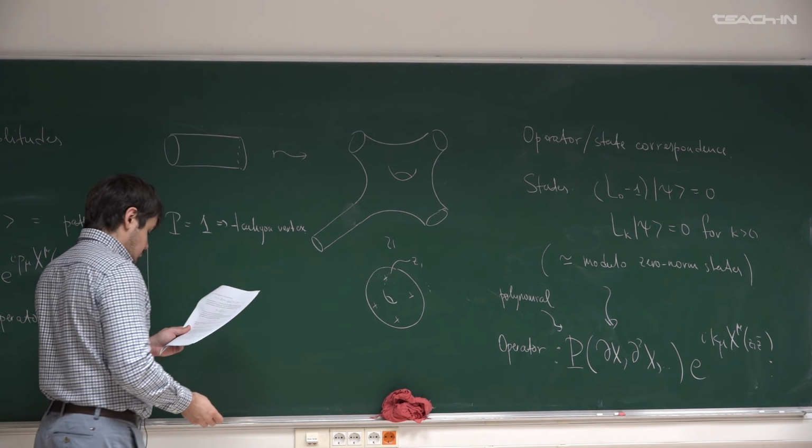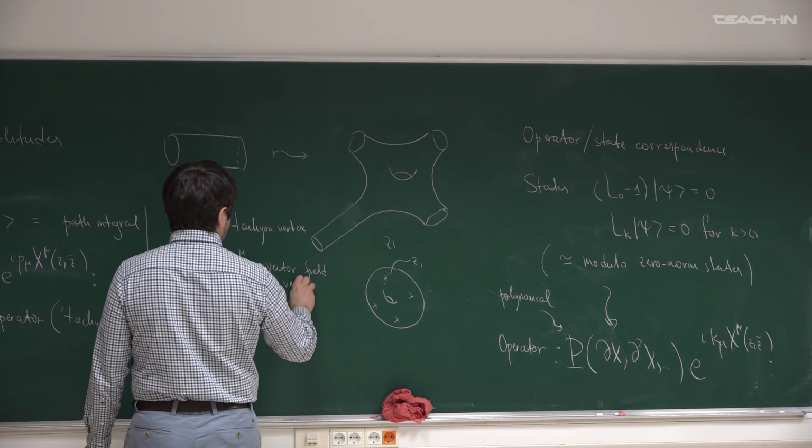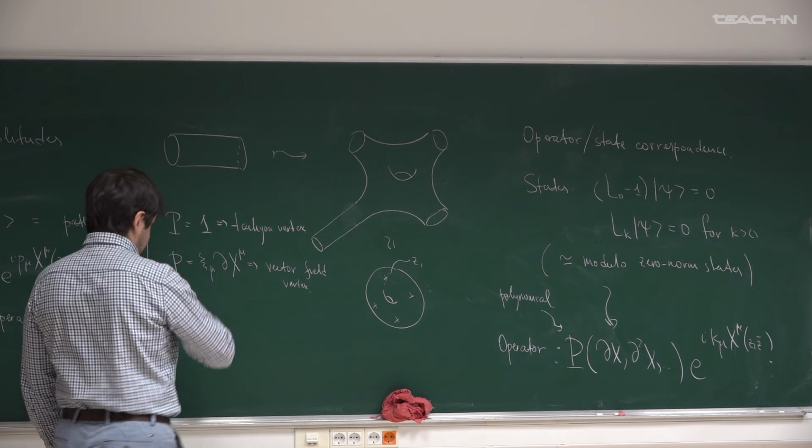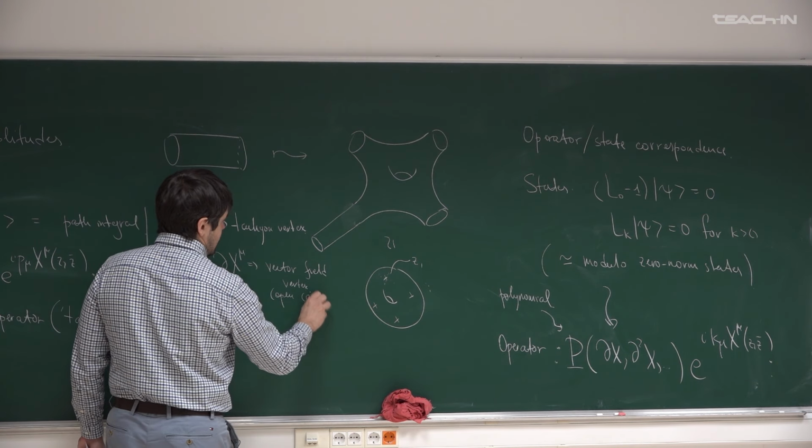This would be the vector field vertex in the open case. Yeah, in the closed case, you also have anti-holomorphic derivatives here as well.